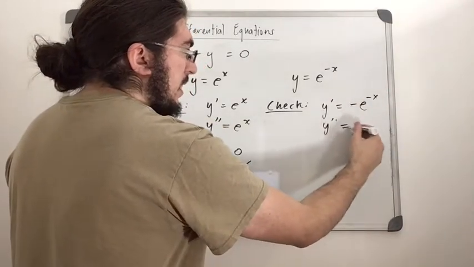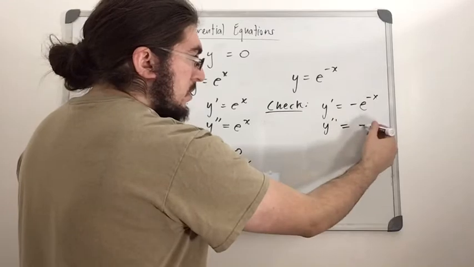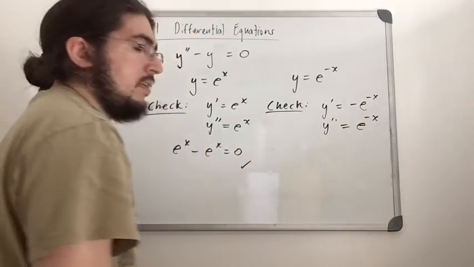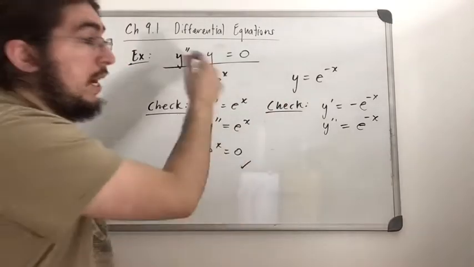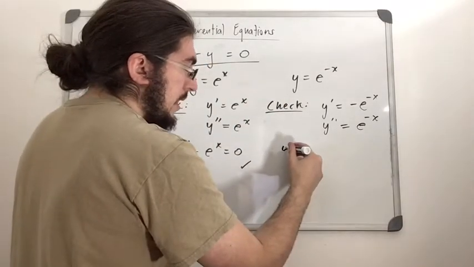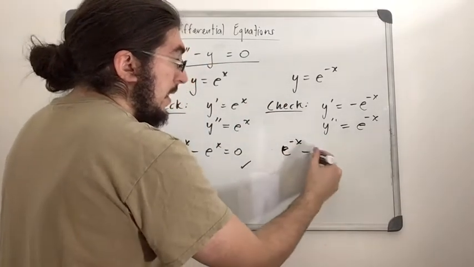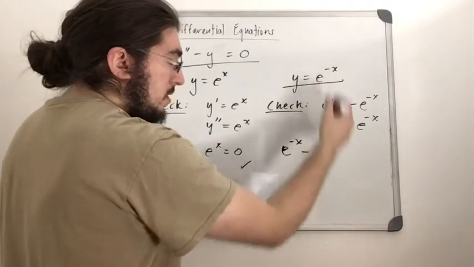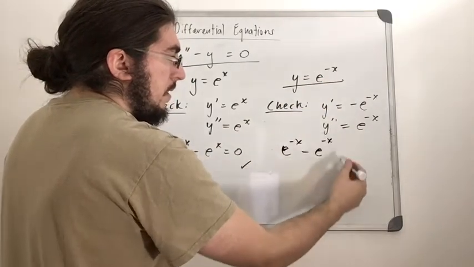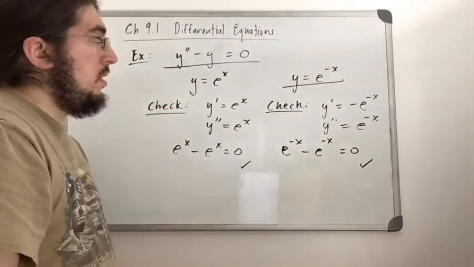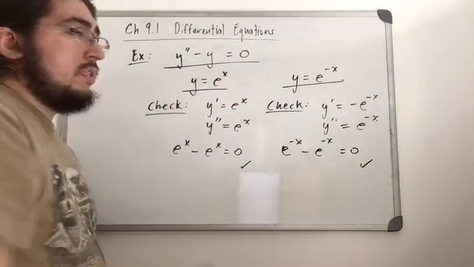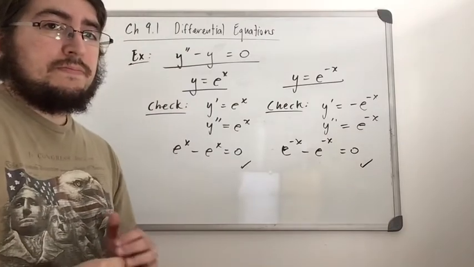Second derivative is, well, another negative comes down, so it's positive now e to the negative x. So plugging this into the differential equation, we get y double prime, which is e to the negative x, minus y, which our solution is e to the negative x, equals 0, and that's definitely true because anything minus itself is 0. So these are two solutions to this differential equation.